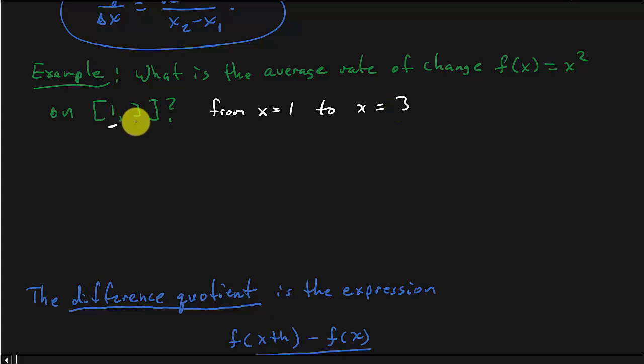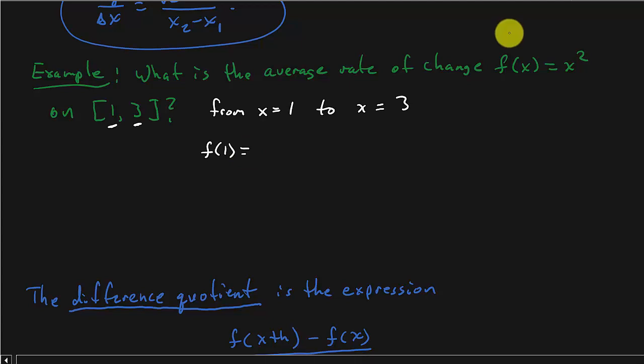These are x values here. Okay? So we've got the x values. We want to know the rate of change from 1 to 3. But notice we don't have any y values. But we can get f of 1. Okay, remember y and f of x mean the same thing.